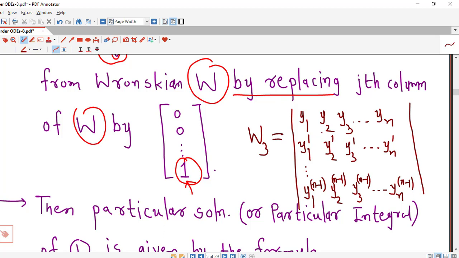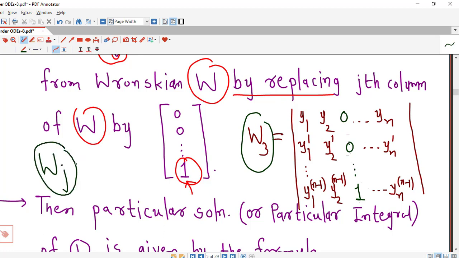So this is the Wronskian. Now if I want to write w3, I will replace the third column of the Wronskian by 0, 0, 0 and the last entry is 1. This will give me the determinant w3. So in general, wj is the determinant obtained from w by replacing the jth column by the column 0, 0, 0 and 1.